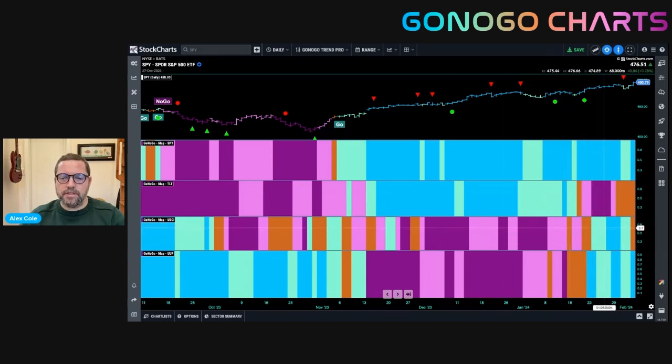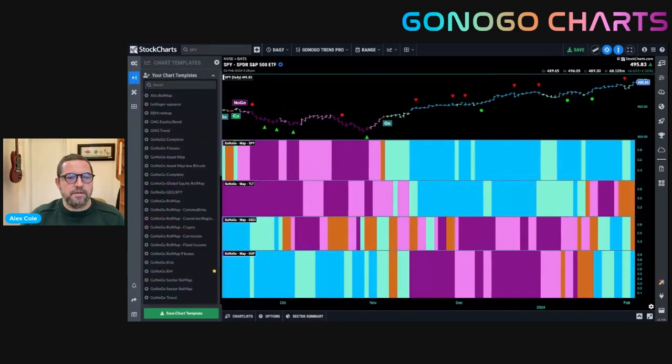So it's been really struggling to find direction, the commodity markets as a whole. And you can see that we're painting an amber bar, a go fish bar that represents uncertainty for commodities. And the dollar, having come back into a go trend, strengthening again at the end of the week to paint a brighter blue bar.